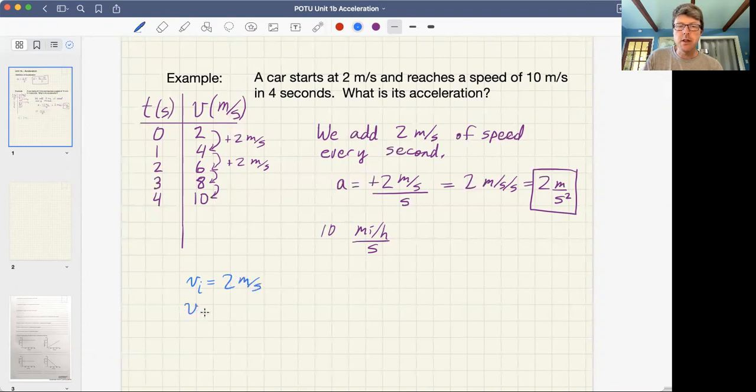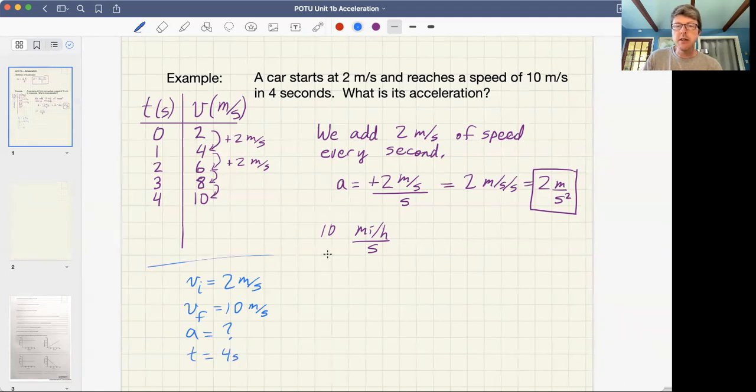And the final speed is 10 meters per second. You always have to have units in order for a number to have any kind of meaning. We don't know what the acceleration is, so that's the question mark. And it takes 4 seconds to do all that. So now we have 4 seconds.